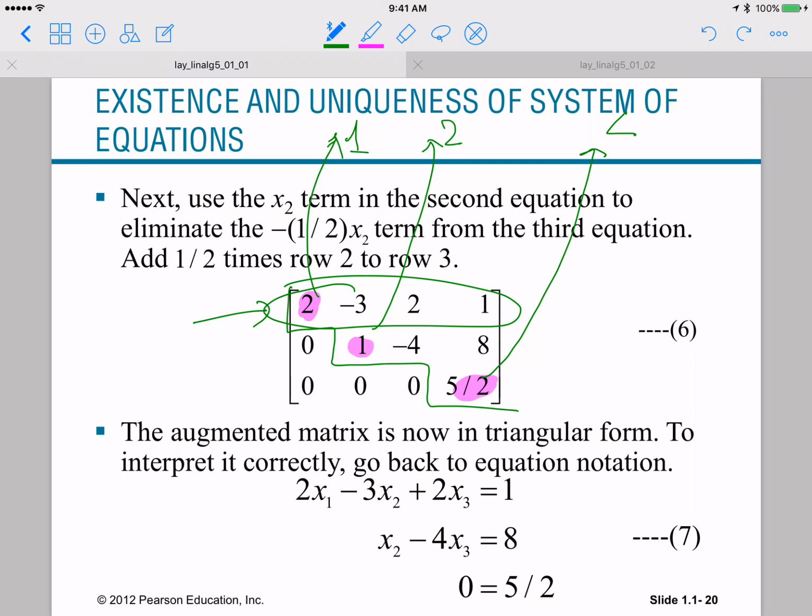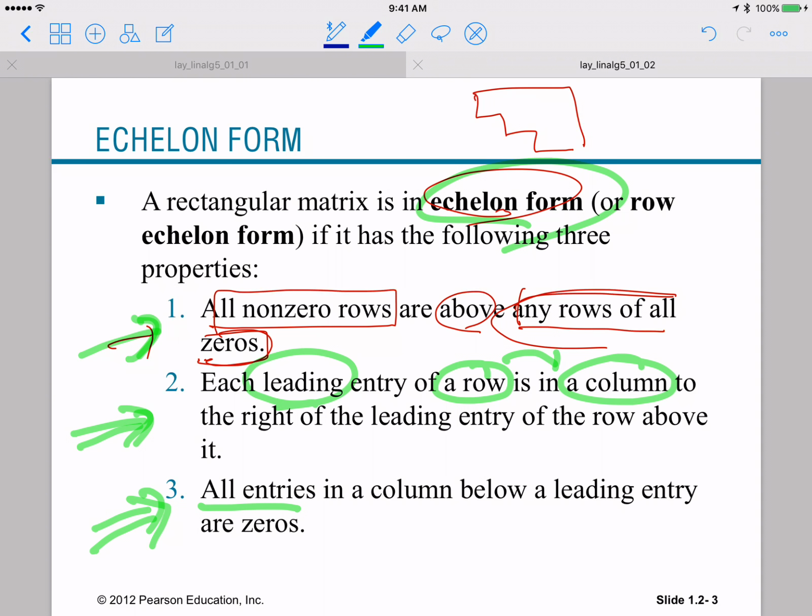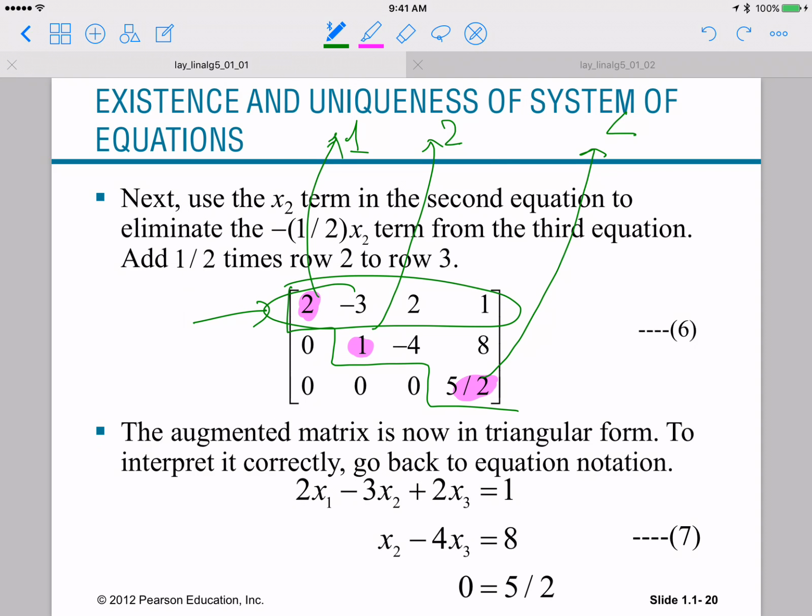The second condition in this echelon form says that the column of the leading entry in the above row should be to the left of the column of the leading entry in the row below.